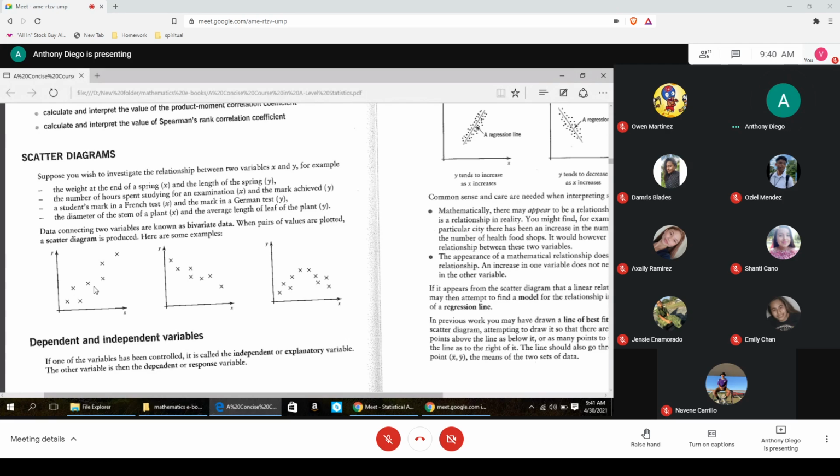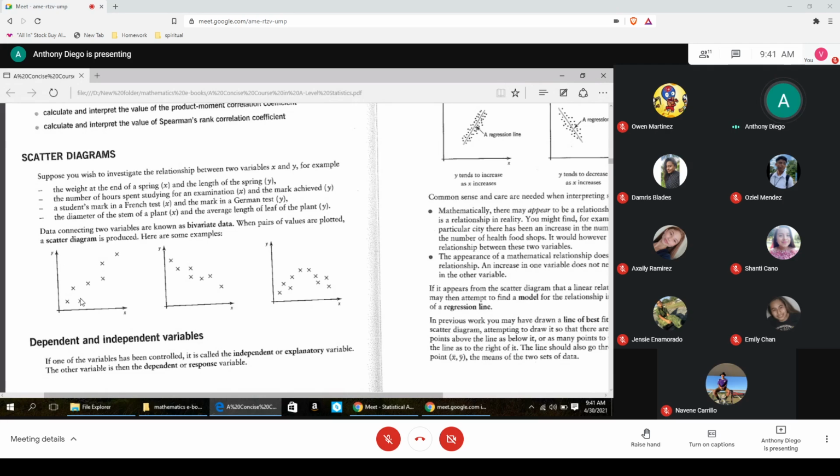So usually we have the independent variable going on the x-axis and the dependent variable going on the y-axis. Now if you notice the first scatter diagram, after they have plotted the points, they tend to move towards making a particular line.